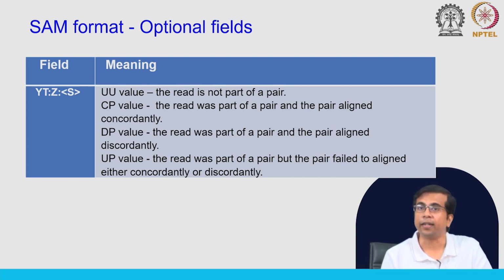If you see YT:Z DP, it means this is a discordant mapping, and perhaps we want to look at those data carefully, because if there is an indication of structural variation or gene fusion, those will be found with this discordant mapping. Then you have the UP value: the read was part of a pair, but the pair failed to align concordantly or discordantly. This means you have single mapping, so only one of them aligned and they did not map as a pair.